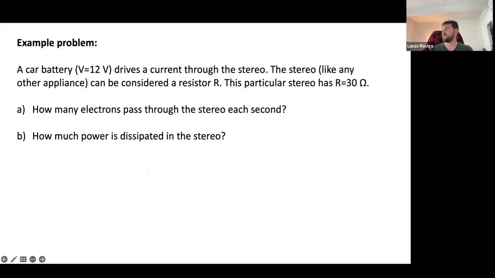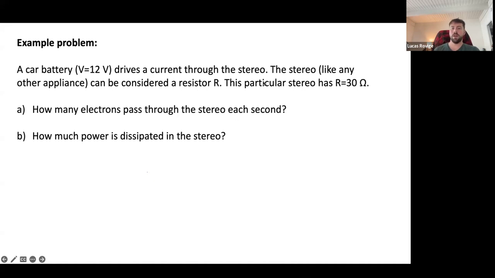So let's have a look at an example of this. We're considering a car battery delivering a voltage of 12 volts. And this car battery is driving a current through the radio system in the car.